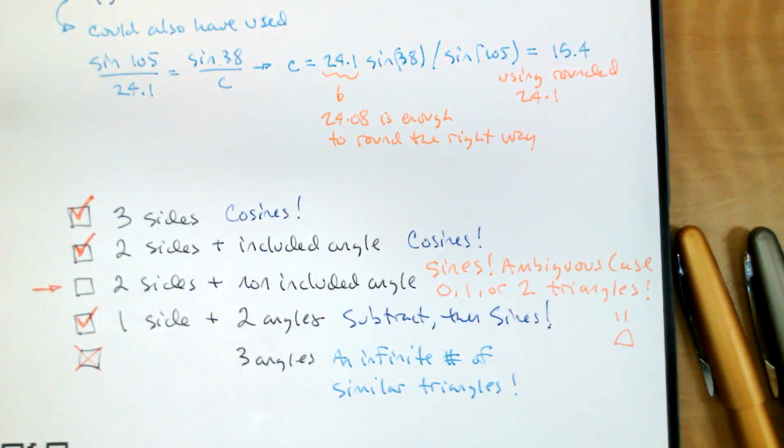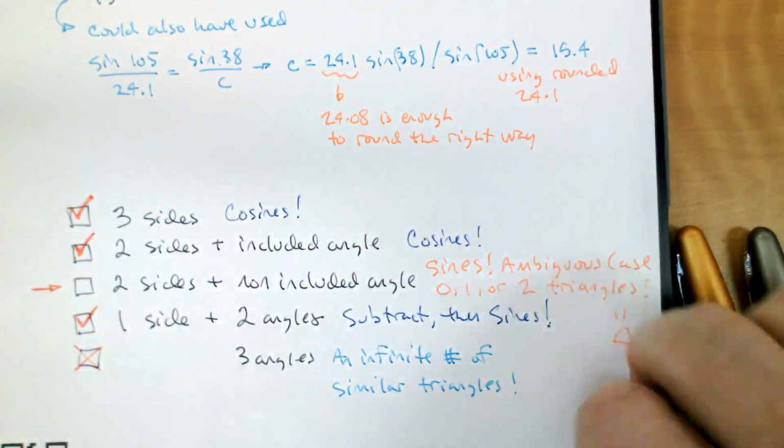So let's take a look at 2 sides and a non-included angle. So this is going to be a set of information, A and alpha, B and beta, C and gamma, plus 1 other side. So we'll have opposite information plus 1 side.